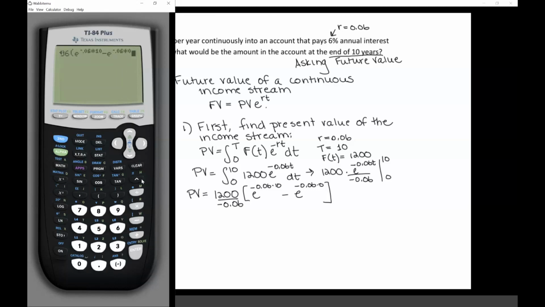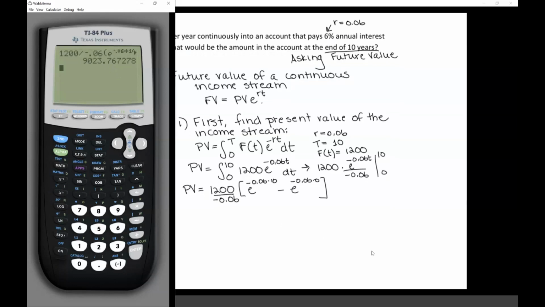Close that out. And you can see I get $9,023.77. That's the present value of this income stream. Everybody all right with that bit? That's the same as the last problem.